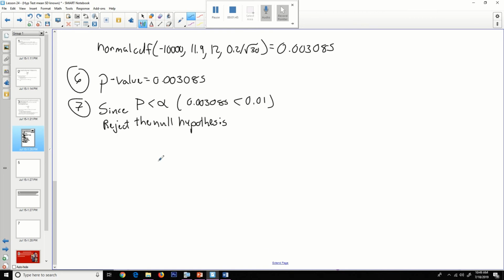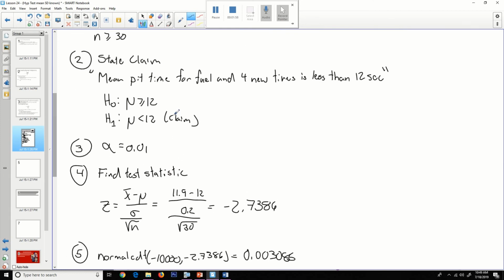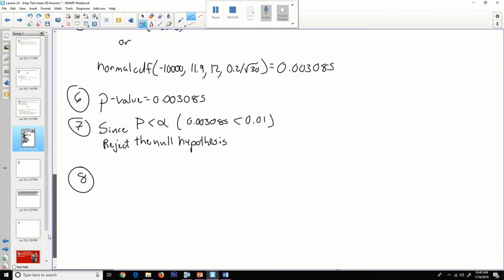All right, and then number 8, we're going to interpret this. So since we're rejecting the null hypothesis, let's go all the way back up to here. Our claim is in the alternative hypothesis, and since it's in the alternative hypothesis, we're allowed to support or not support.